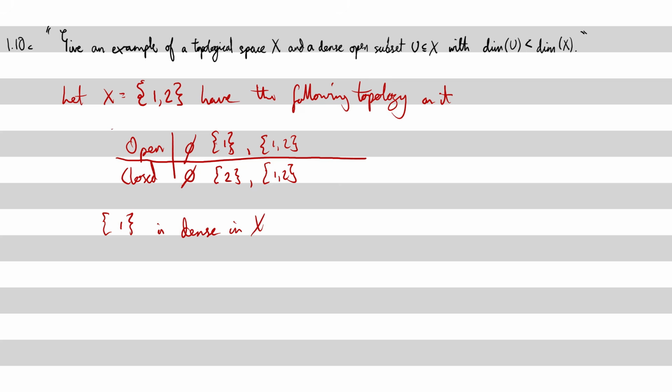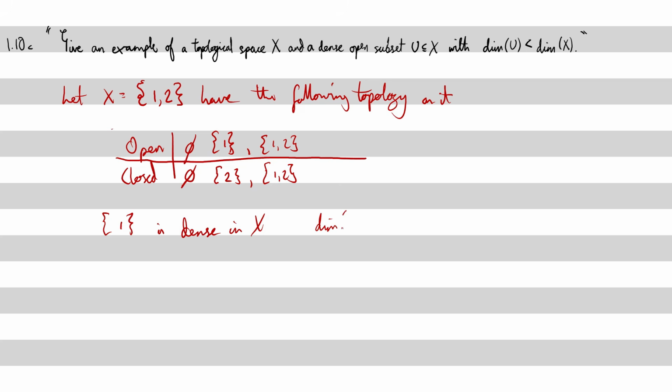Now, the dimension of {1}, aha, I just need to check something. Okay, hello again. I should never have doubted myself. {1} contains no irreducible closed subsets because the empty set is not irreducible.